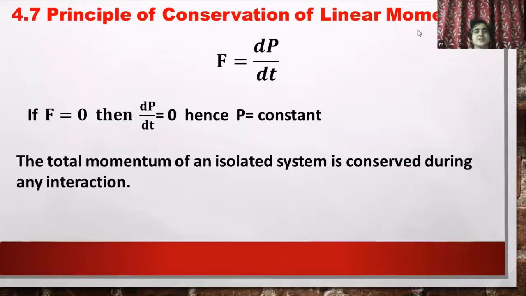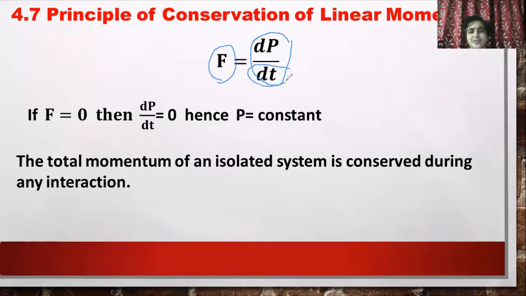Now I shall see this principle of conservation of linear momentum. Newton's second law of motion says F is equal to dp by dt, right? Force is equal to the rate of change of linear momentum. Now see, if this F is 0, that is force acting on the system is 0, this dp by dt will be 0.